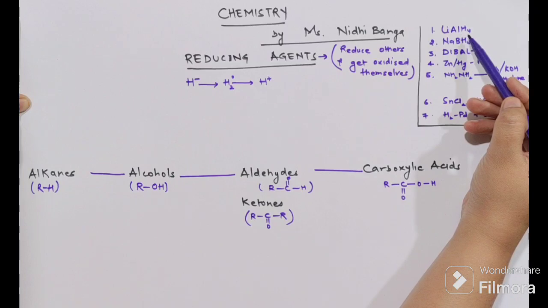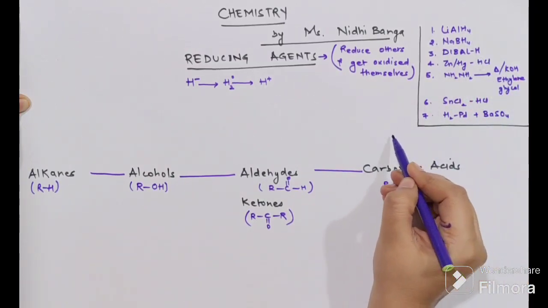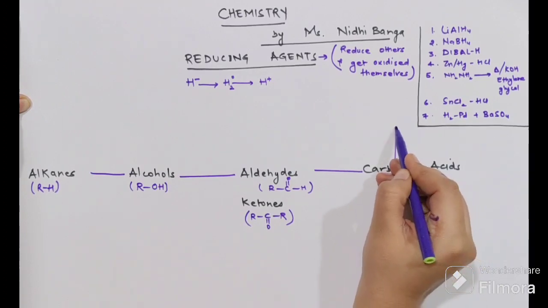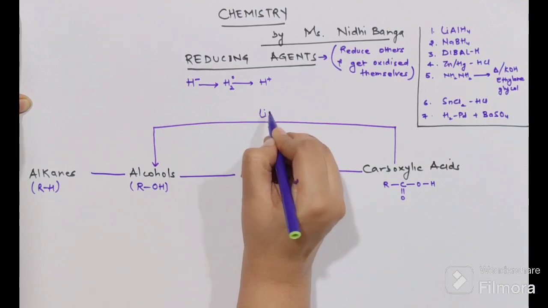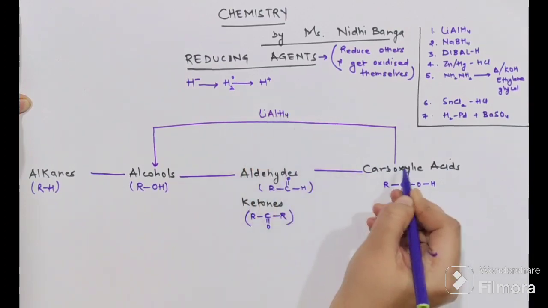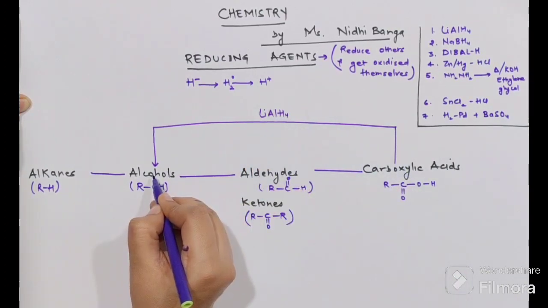First one is lithium aluminum hydride, which is very strong, so strong that it can convert carboxylic acid directly to alcohols. It can carry out a two-step reduction directly.